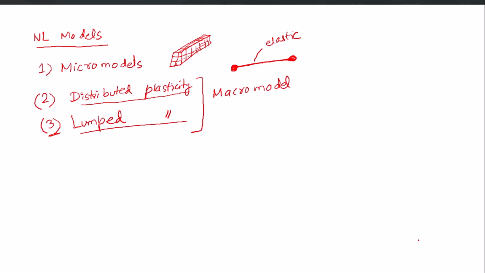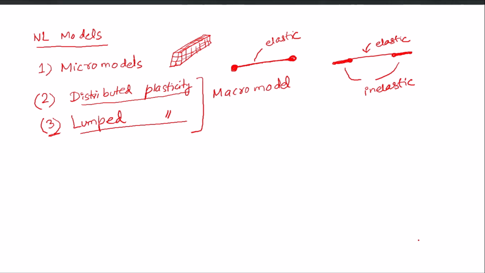For example, a beam can be modeled by having a plastic element along a certain length at one corner, and then another plastic element on the other end, and in between them it can be elastic. So it can be elastic, and at two ends it can be inelastic components, and obviously these inelastic components will have a finite length.